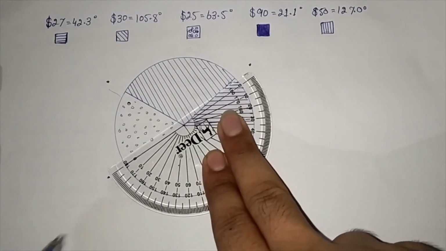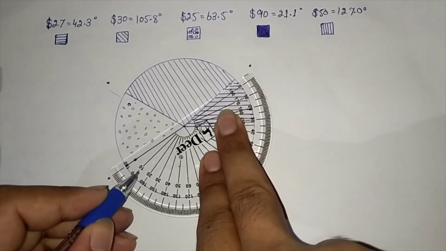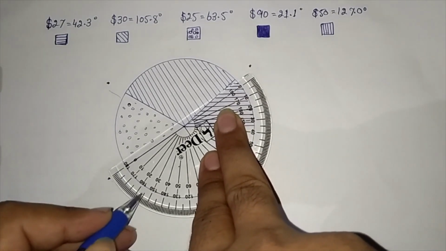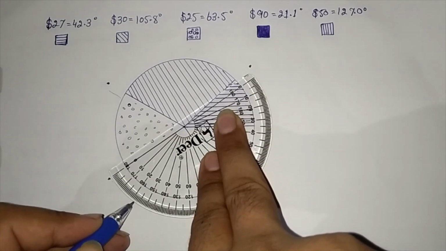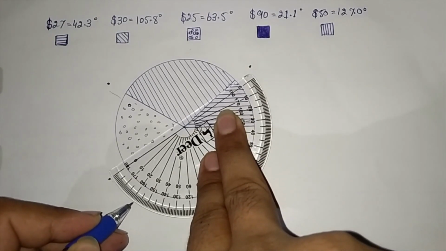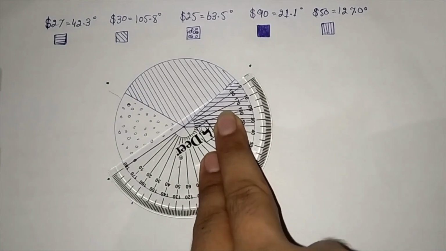So here we have 21.1, or we can say 21 degrees. Let's start. Here we have 10, here we have 20. This line is for 20, and this is 21 degrees. Clear?